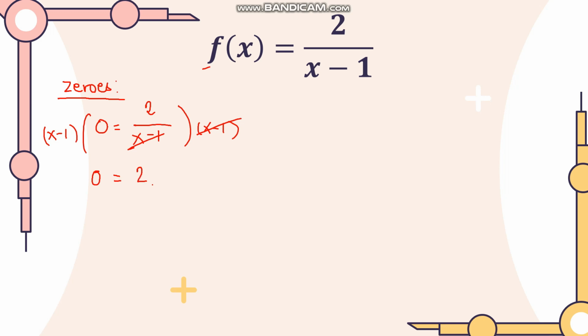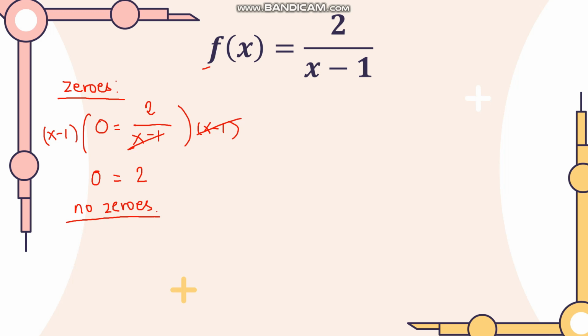Now notice, after cancelling out our x minus 1, we only have 0 equals 2, which is obviously not true or incorrect. So this means that there are no zeros.